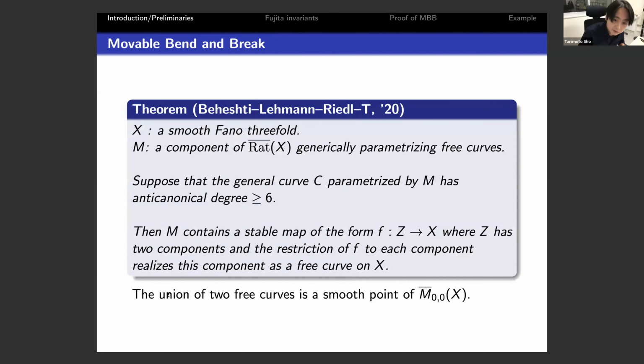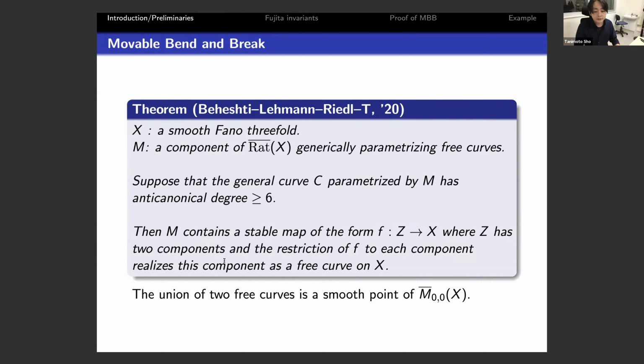And now our main theorem: movable bend and break. Let X be a smooth Fano threefold, and let M be a component of the moduli space of rational curves on X that generically parameterizes free curves. Suppose that a general curve parameterized by M has anticanonical degree greater than or equal to 6.